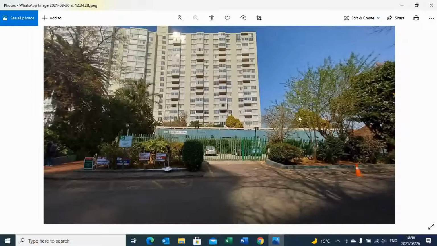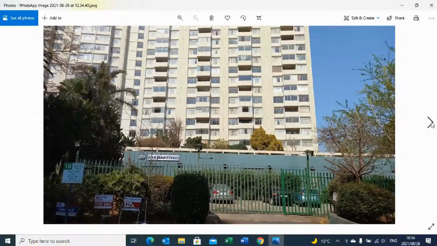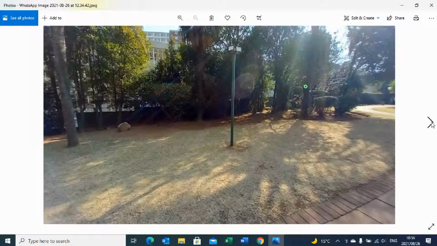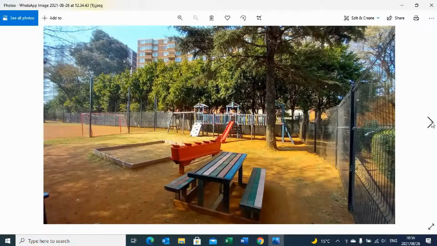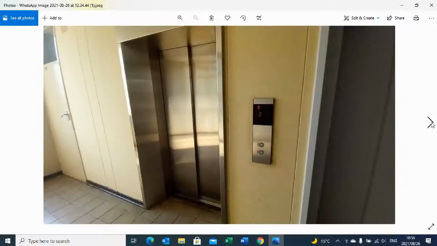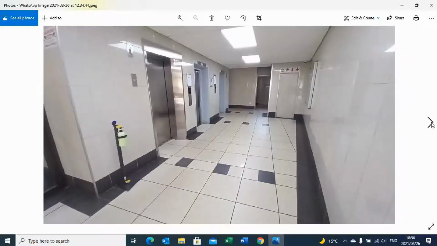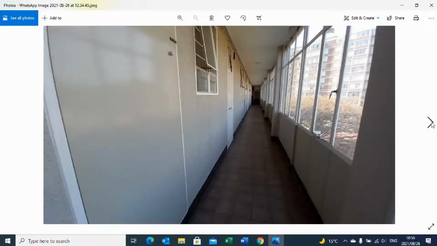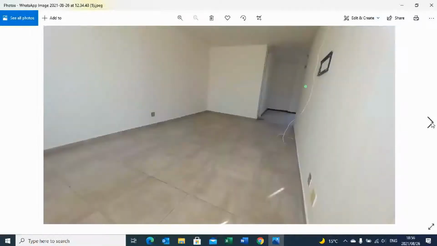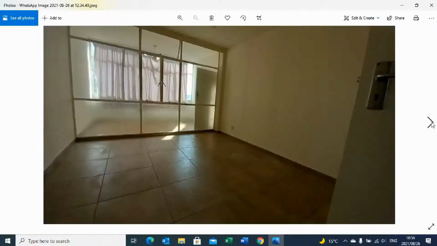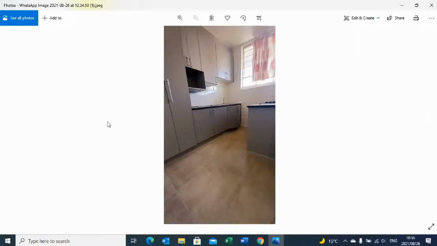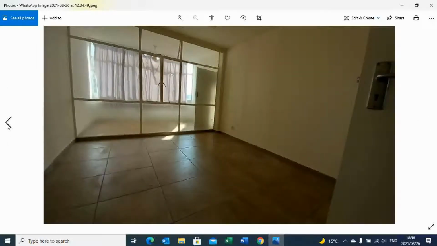So we've taken photos, and now we want to compare the subject property with other properties on the market to find the rental amount, so that we can also put our property on the market and get a tenant.